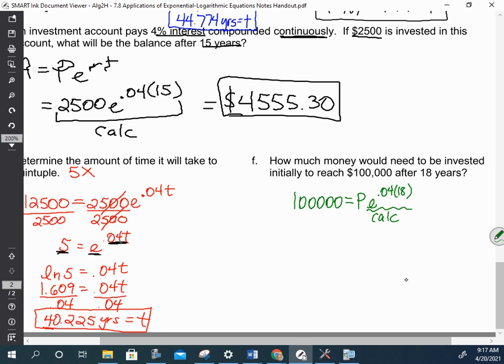Let the calculator take care of that. 0.04 times 18 is 0.72. Divide it out. $48,685.49.